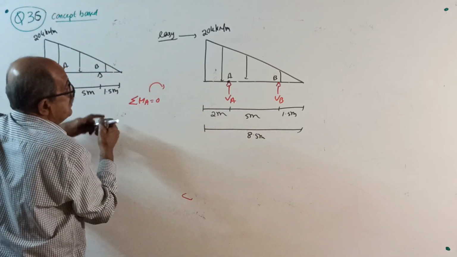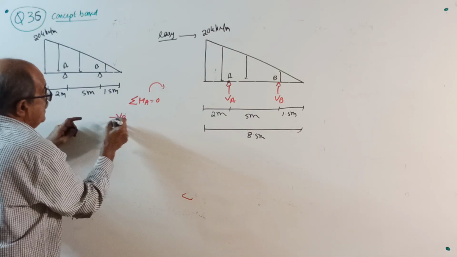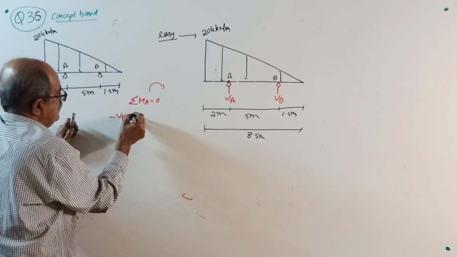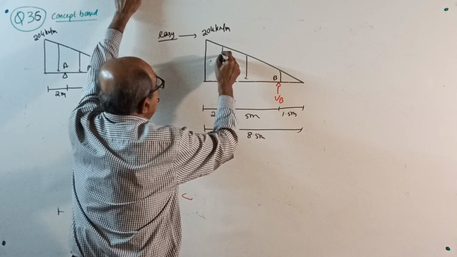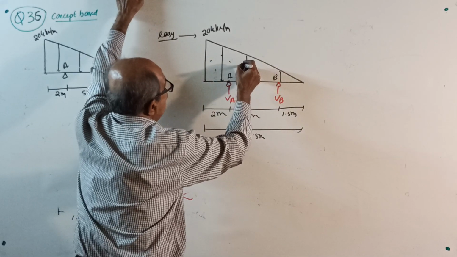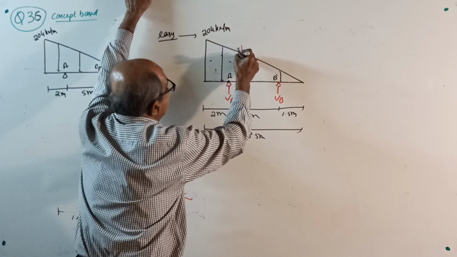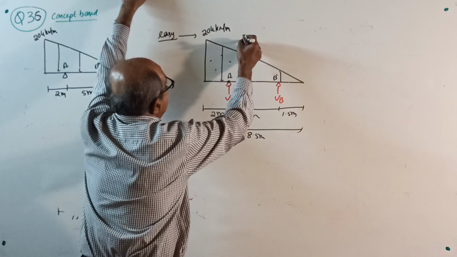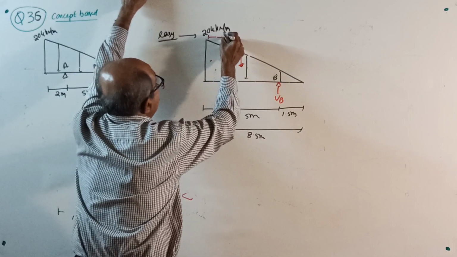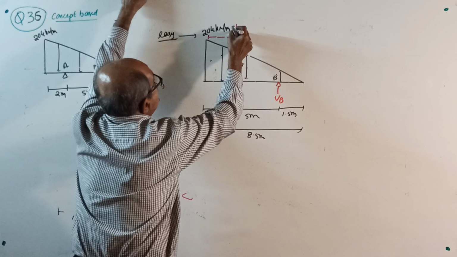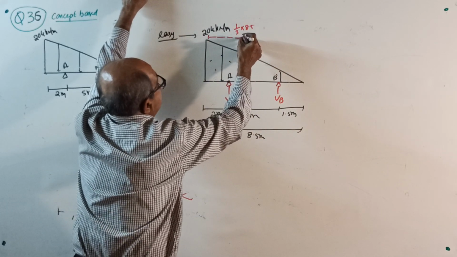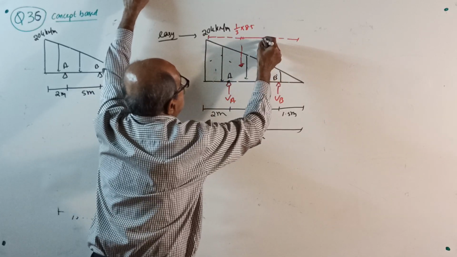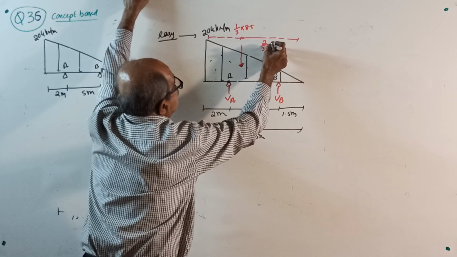Take clockwise positive. Minus VB into 5, then plus this full load as a single stretch. It will act somewhere here. The distance from here will be 1 by 3 of 8.5, and the distance from here is 2 by 3 of 8.5.